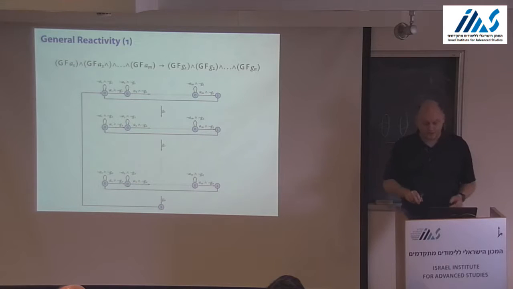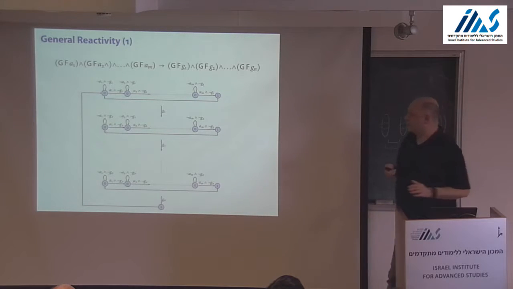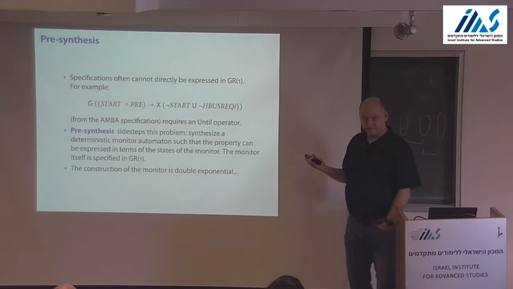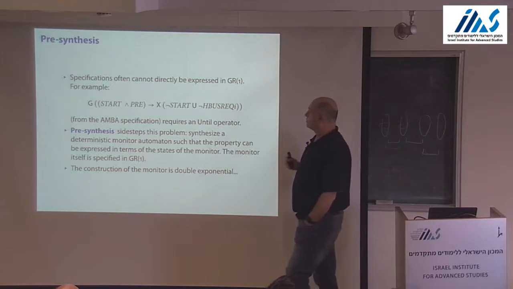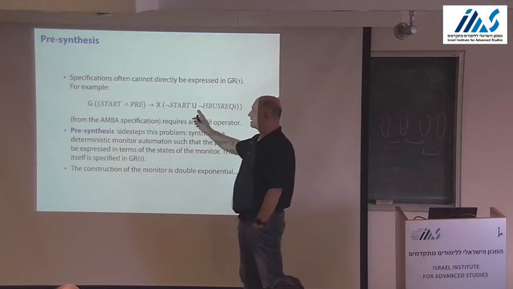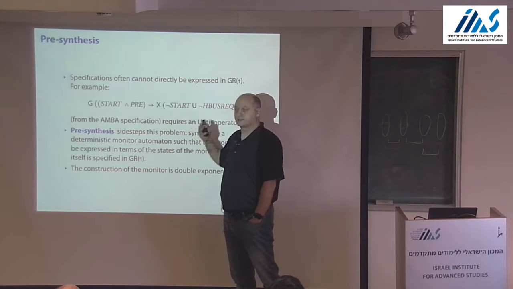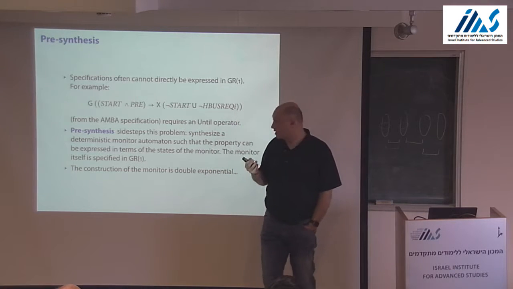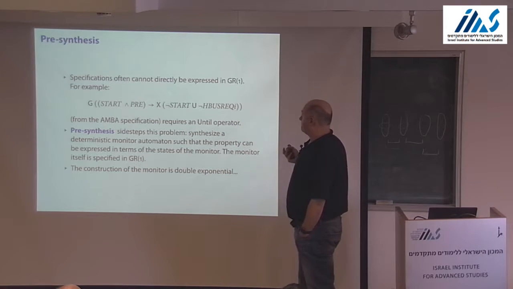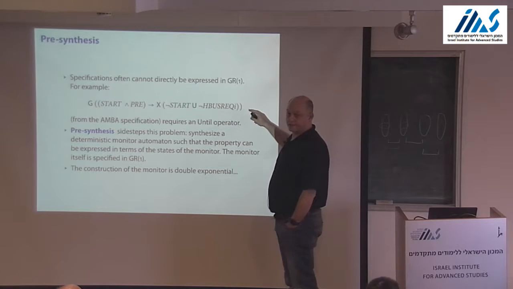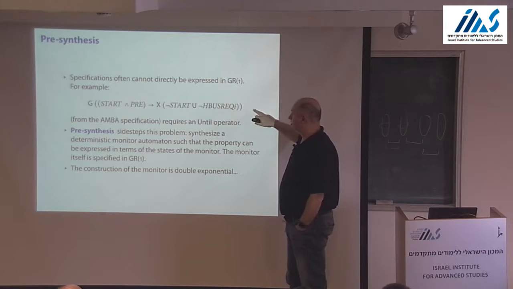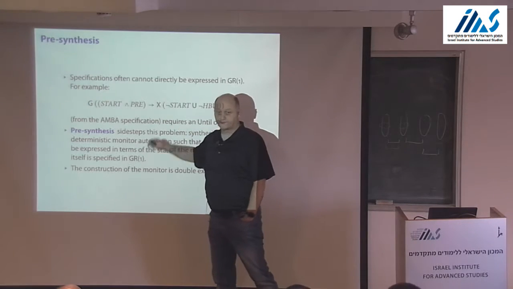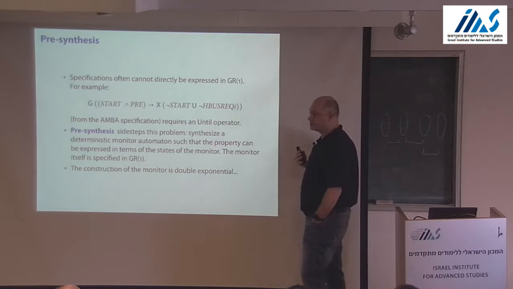But there is, of course, no free lunch, and there is a catch. The catch is that you lose expressiveness. For example, you can't directly use an until; that's syntactically not allowed. Now, that actually occurs. For example, this is a property from the AMBA specification.